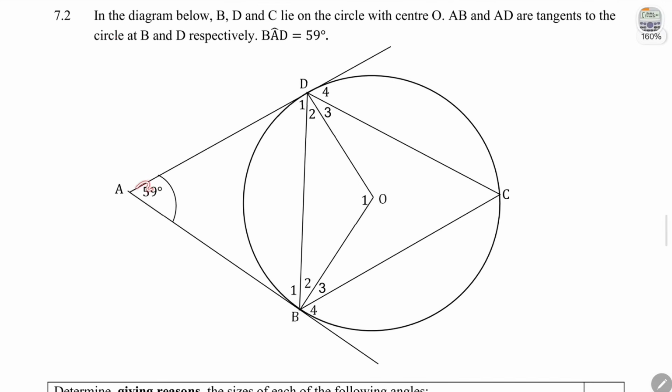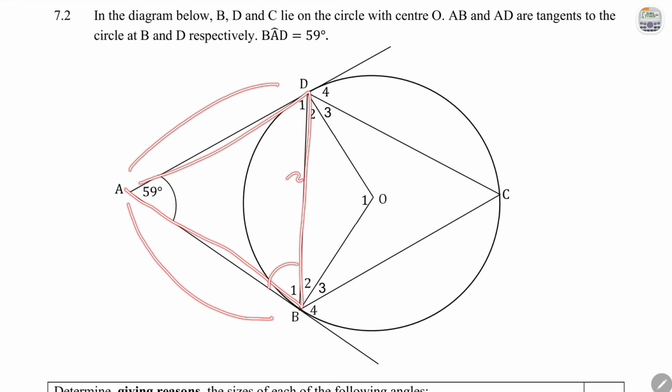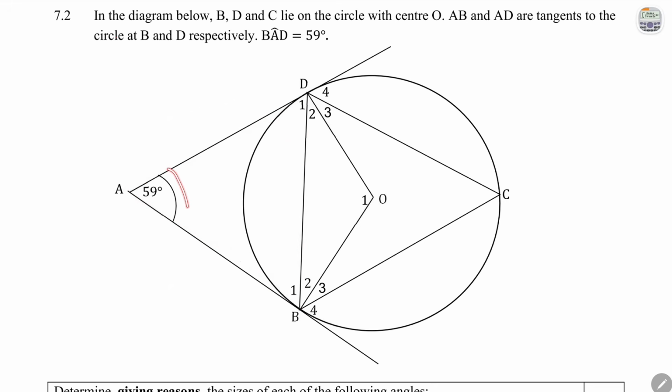So we could use that we have a triangle here, triangle ABD, and it has this angle. Now, when we have tangents drawn from the same point to a circle, those tangents are equal. So it means that line AD is equal to AB, and so this is an isosceles triangle. We will be able to find these two angles since we have one of the angles in this triangle.